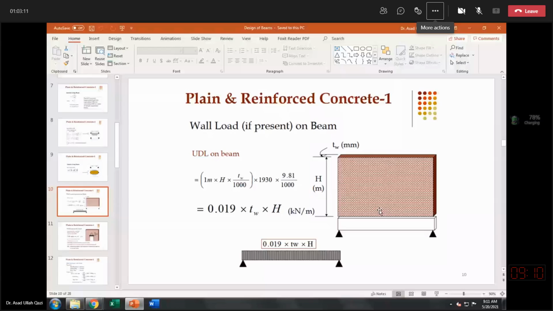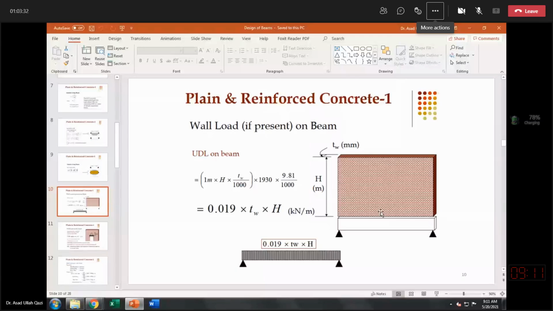And like in the civil department, you have noticed that there are a number of rooms and there are beams running in the slab system, and in most of the rooms, walls which are dividing the rooms are directly resting on the beam stem.